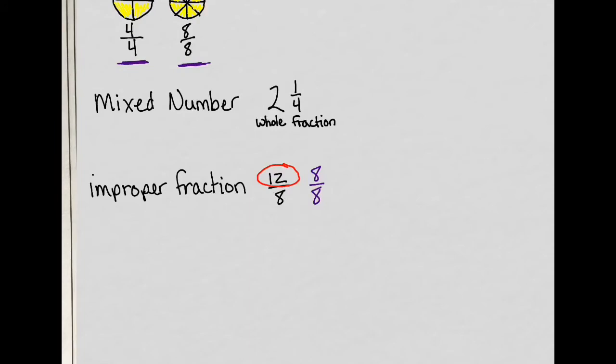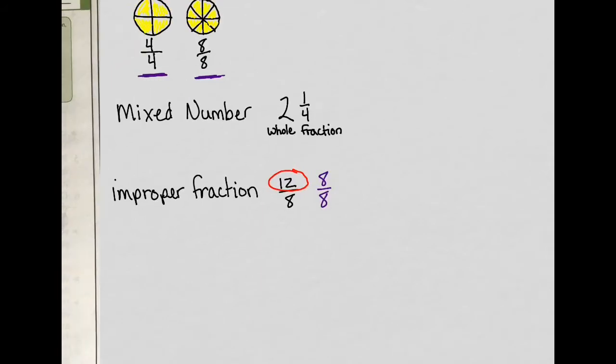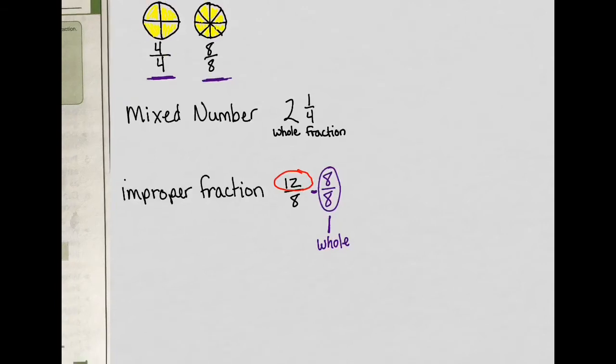So to rename an improper fraction, we need to subtract the whole. So we would subtract 8/8. Okay, and we're not really subtracting it, we're just renaming this as one whole. We're just taking it out of the fraction, so we have a whole number, and whatever is left over will be the fraction.